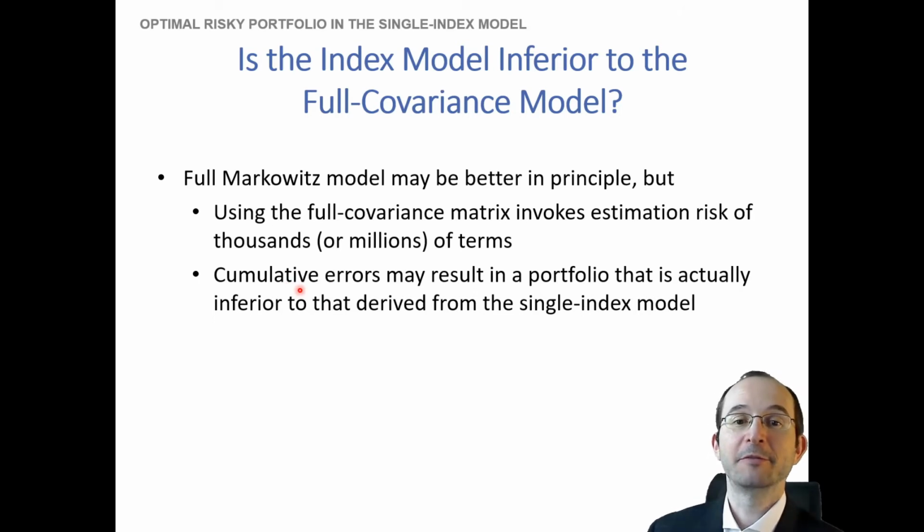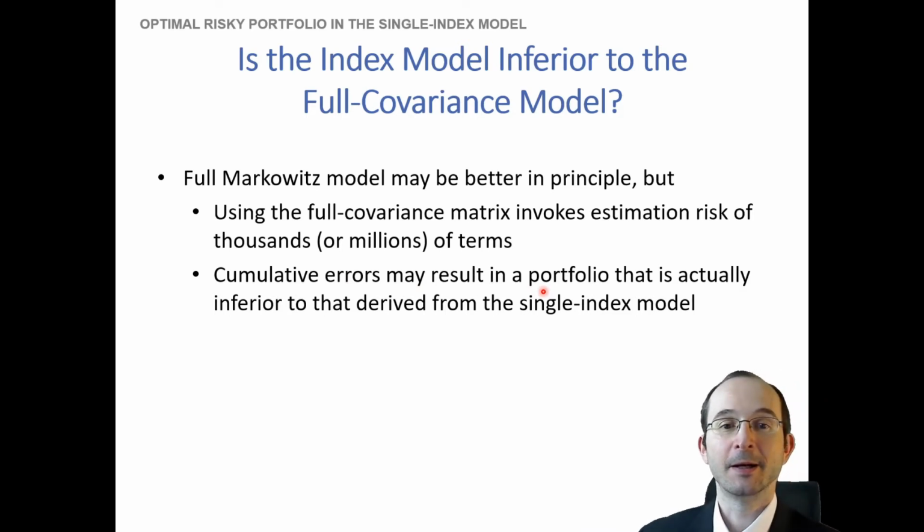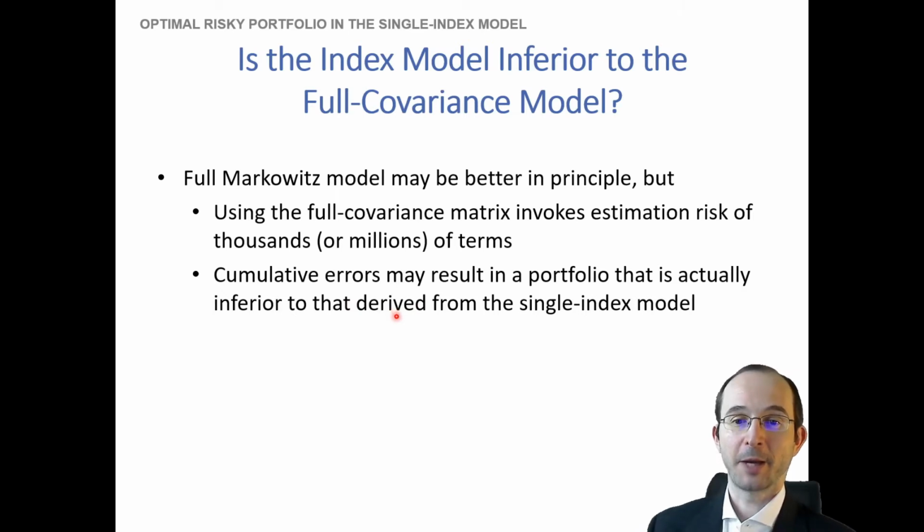And once you have enough of them, you can end up with a quote-unquote optimal portfolio from Markowitz that is actually worse than the, albeit mathematically less rigorous, but close enough approximation you would get from the single index model.